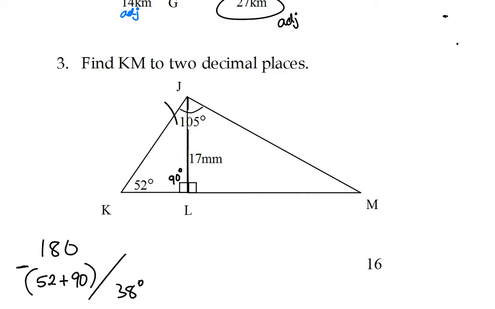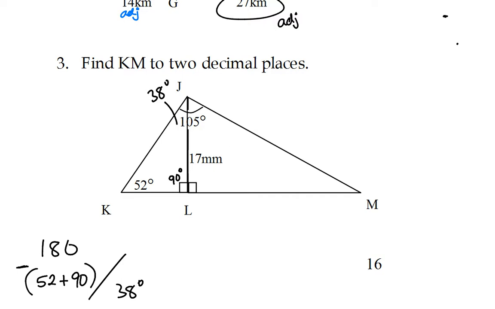Do you guys see what he did there? Anybody else do that? Good job, you guys. Because that 105 represents the angle for that whole section up there, right? We can only do trig in Math 10 for the right angle triangles. In Math 11 and Math 12 you can do other triangles, but in this course only the right angles.